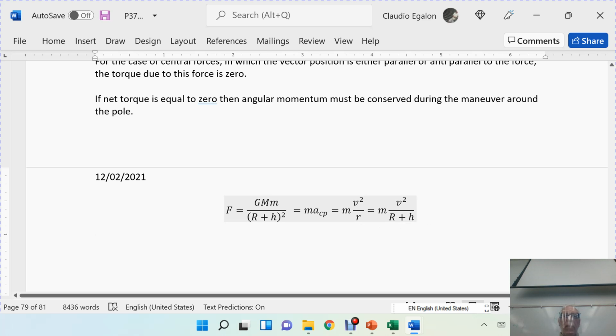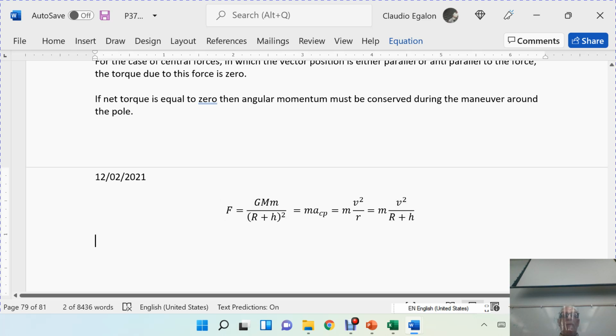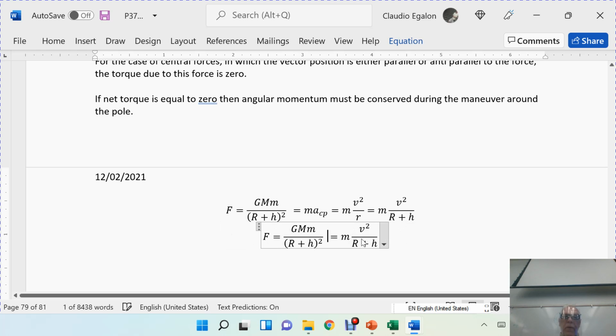So what you have to equal here is this guy with this guy. Where is the period of rotation? We don't have the period of rotation yet in this formula, but we can get it very easily. Let me copy and paste. I'm going to stick to this alone.